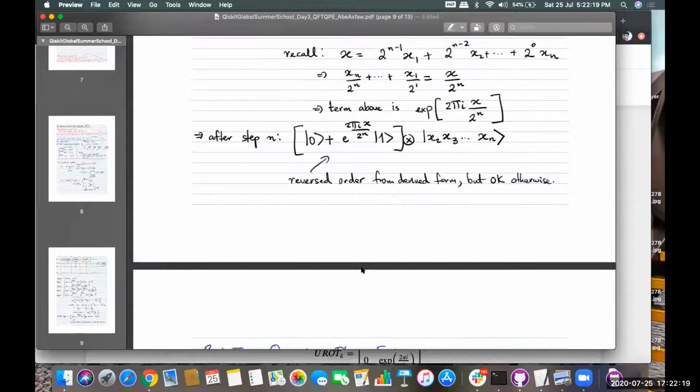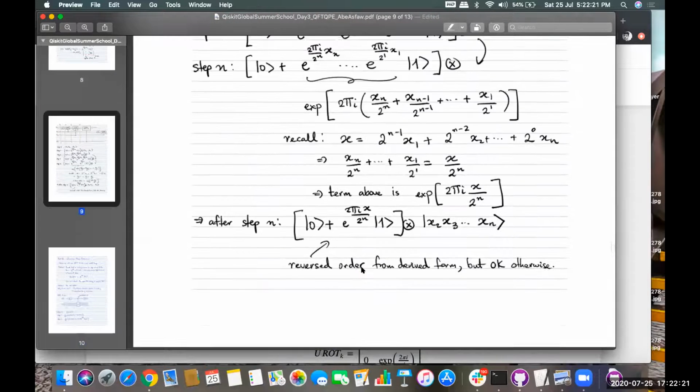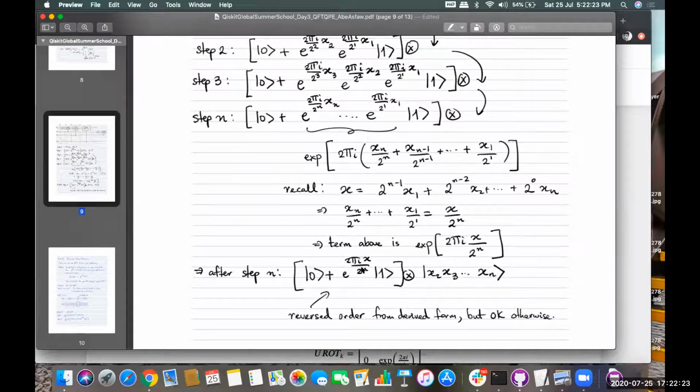This will be the reverse order, derived after step n. You will see that it is given by ket of 0 plus e to the power 2 pi x over 2 to the power n, ket of 1, into the tensor product of the quantum state vectors of x2, x3, xn, and further we will expand for x3, then for x4, and so on.